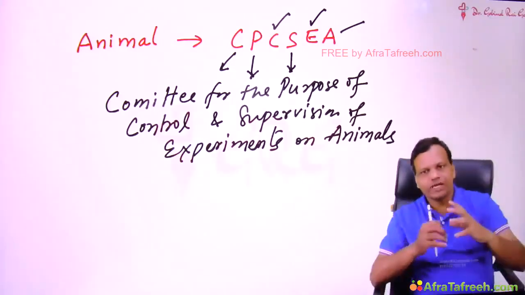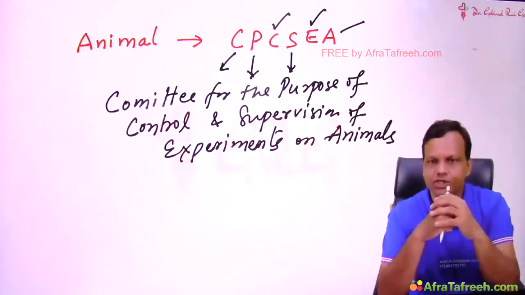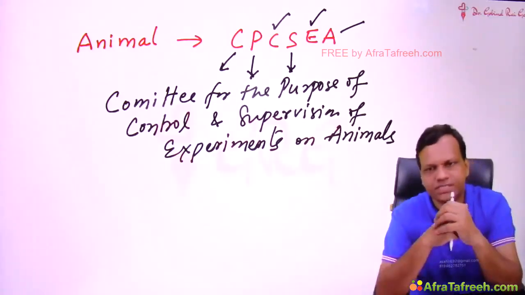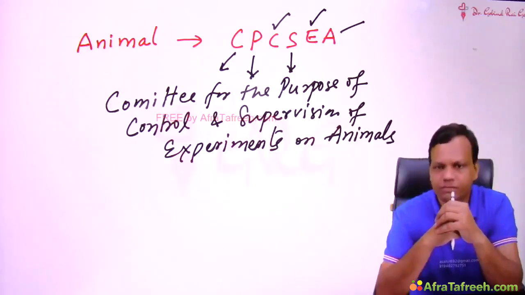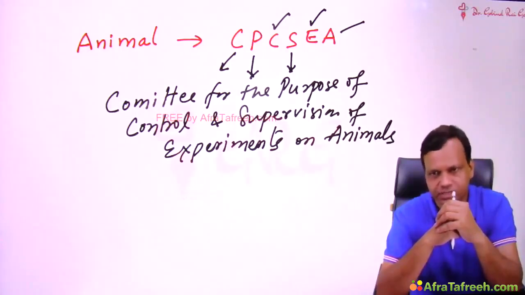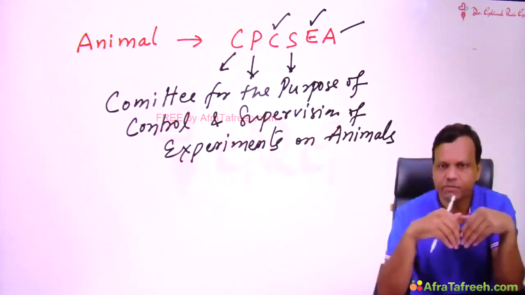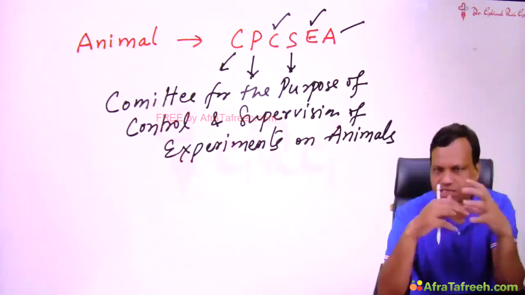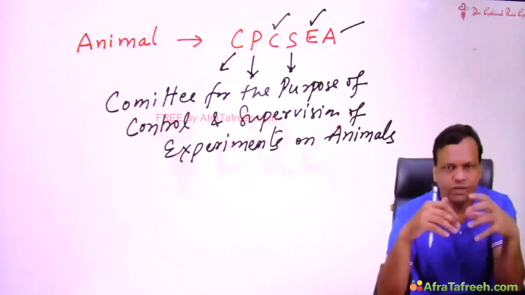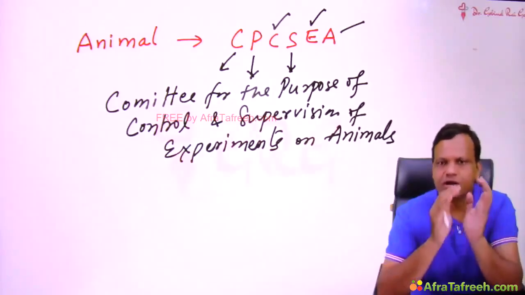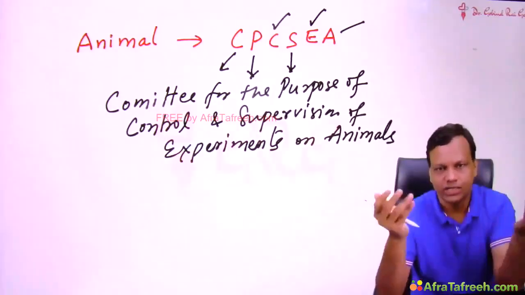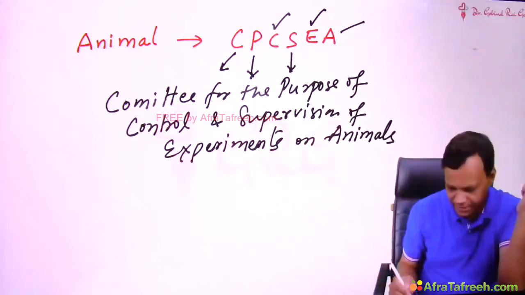So before doing any animal study, we should get the permission of CPCSEA, okay? After getting their permission, we can do animal studies. Basically, the purpose is that the animals are not harmed unnecessarily. Clear? So basically ethical issues are handled.